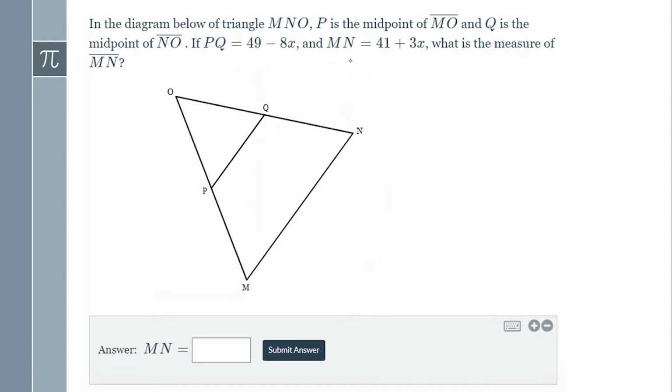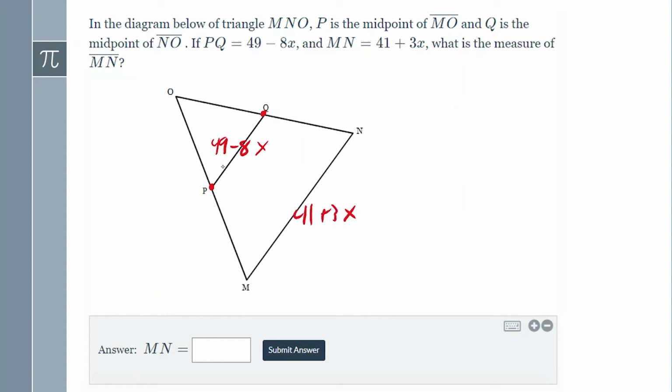This one's more algebra-based. It says P is the midpoint of MO, so we've got a midpoint here. Q is the midpoint of NO, so we've got a midpoint here. So this is a midsegment, and its length is 49 minus 8x. MN, this third side, has a length of 41 plus 3x.